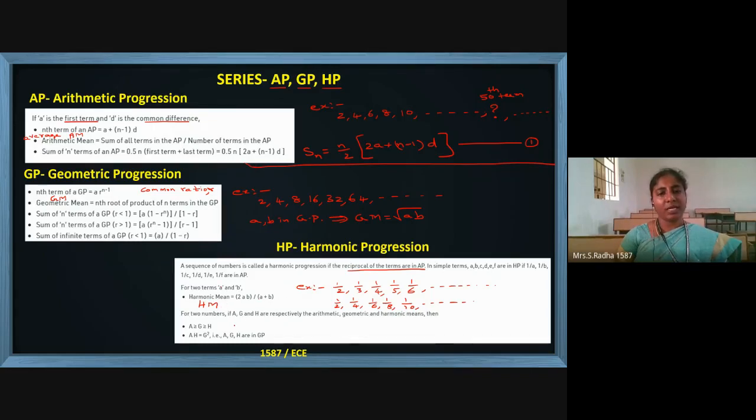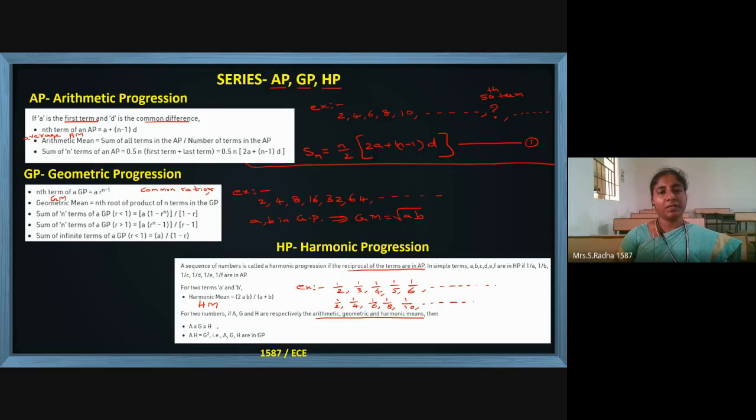And now coming to the relation between the AGH means. Generally the arithmetic mean will be a higher value than the geometric mean, and the geometric mean will be a higher value than the harmonic mean. AM greater than GM greater than HM.